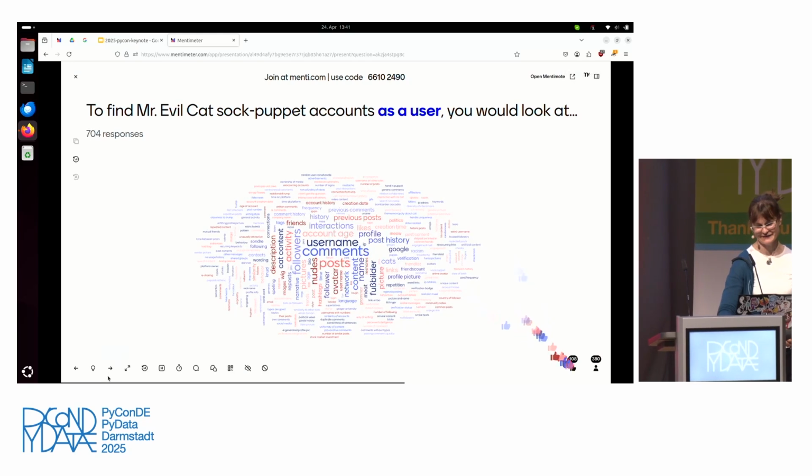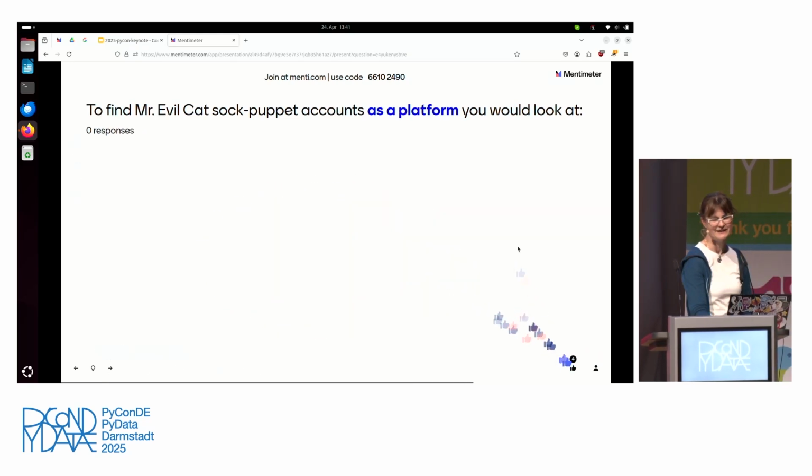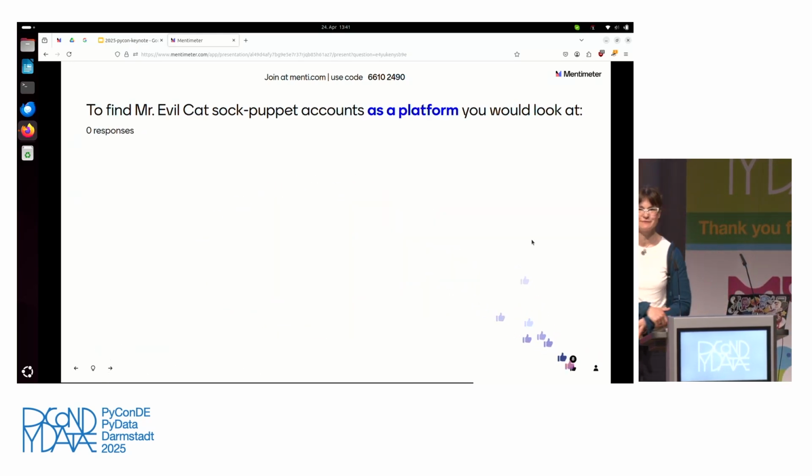Changing perspective. You're not the user of the platform, but you are the platform. What would you be looking at to find Mr. Evil Cat?